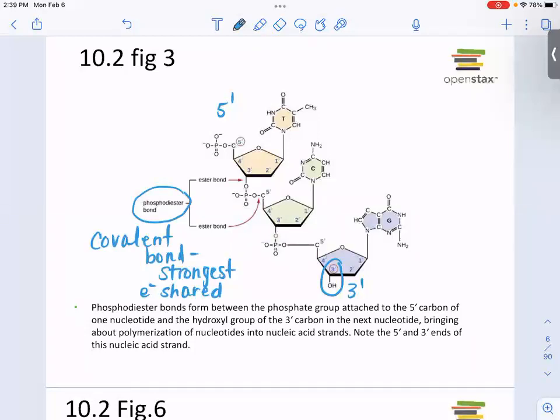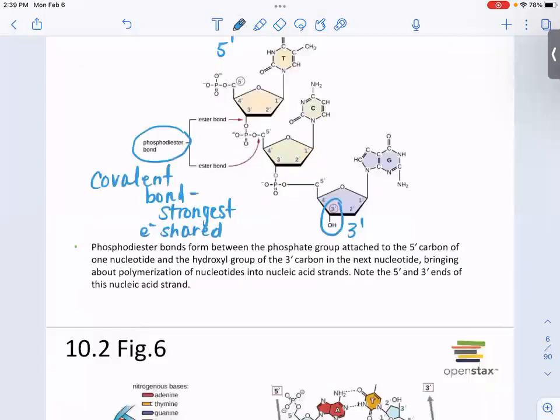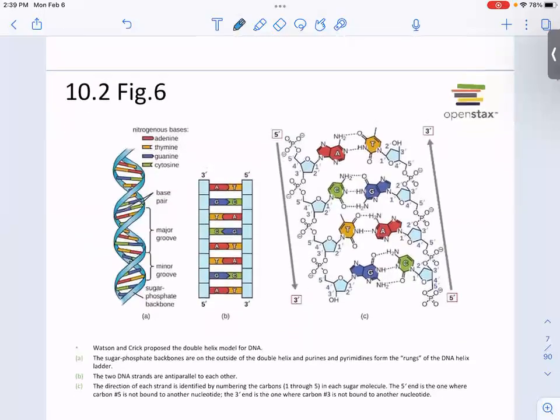Now there are other bonds in the DNA molecule. There are hydrogen bonds. So here DNA is double-stranded, right? And we have 2 hydrogen bonds that will link one strand with its complementary strand between the adenines and the thymines.